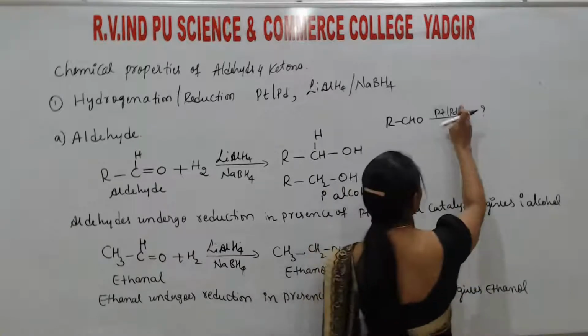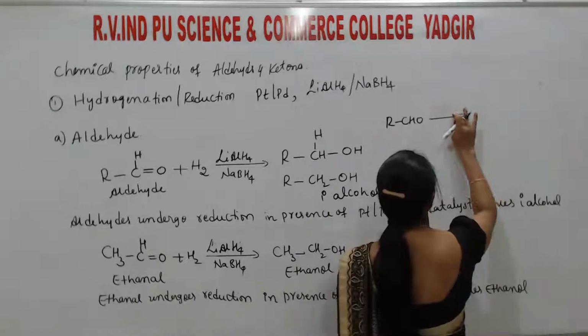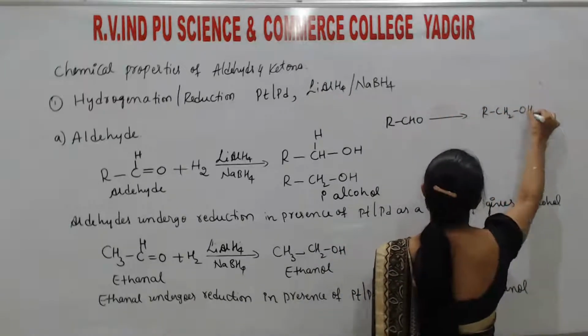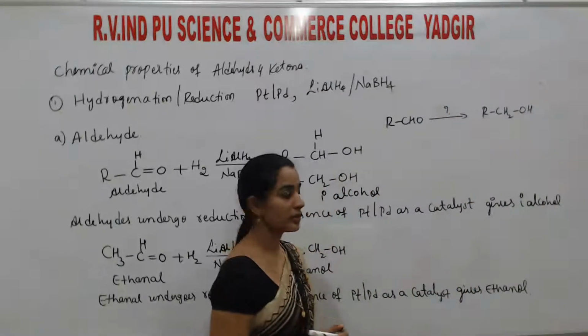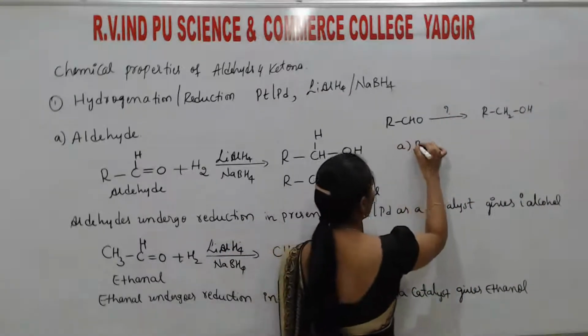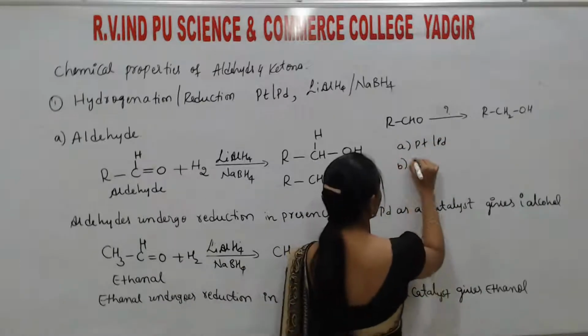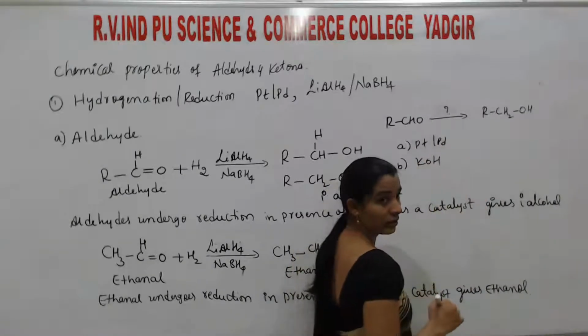Okay. So R they may give. Here we give R CH2OH. So here you want to find out the reagent. So in option A, they may give platinum or palladium. In option B, they may give KOH because OH is attached here.